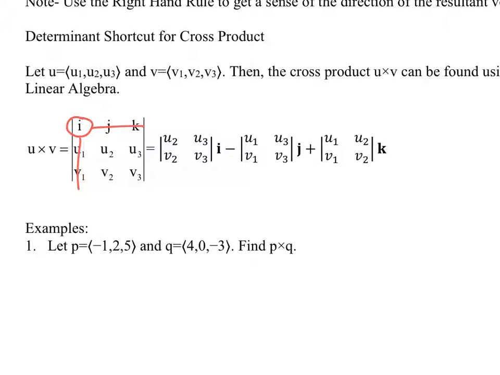So we're finding the cross of P and Q, sorry. I, J, K, -1, 2, 5, 4, 0, -3.